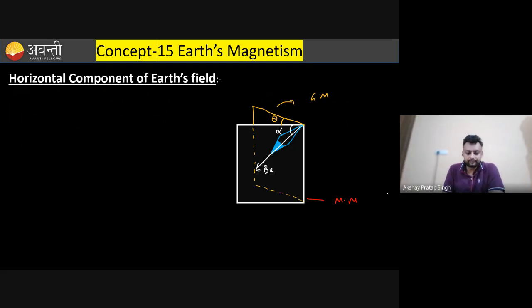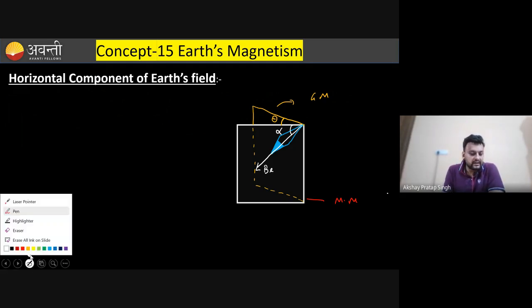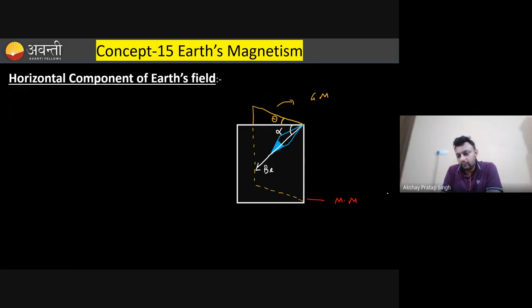Now one more thing. You can easily find the components of this Earth's magnetic field. If you can see, this is Earth's magnetic field and this angle is alpha. So this component will be BE cos alpha, and this component will be BE sin alpha.